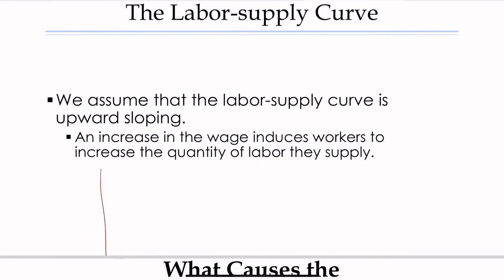That is, the supply curve would look like this. And this is pretty easy to understand. It basically means that if we are talking about the labor market, then if wage is higher, workers are more willing to supply their labor. Or you could say the quantity of labor supplied will increase.